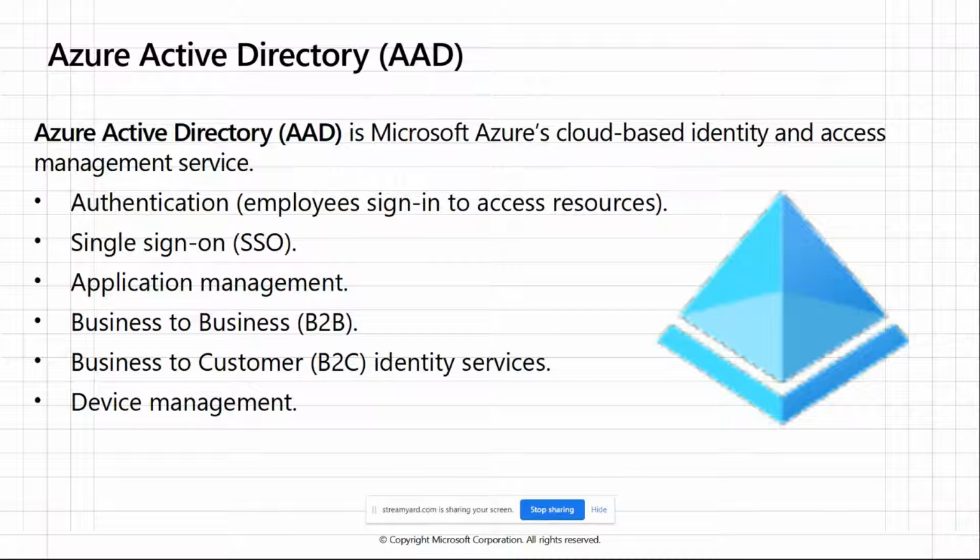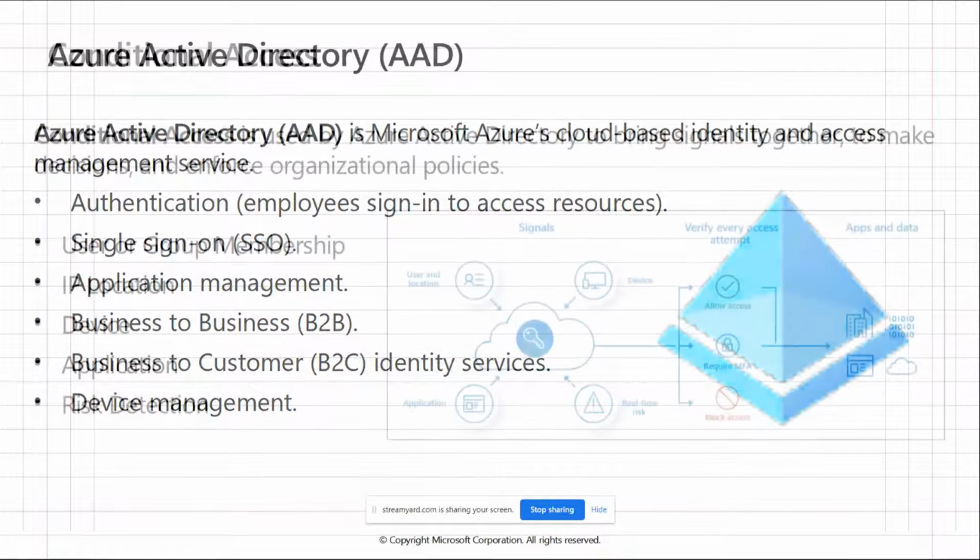And then we also have application management, which is basically used for application management and device management. And when it comes to business-to-business interaction or business-to-customer identity services, this will be very useful.